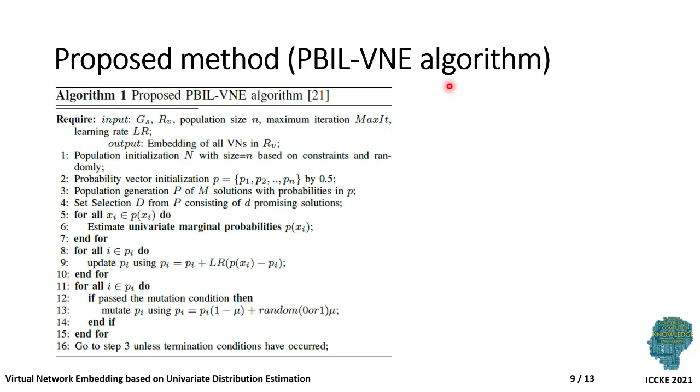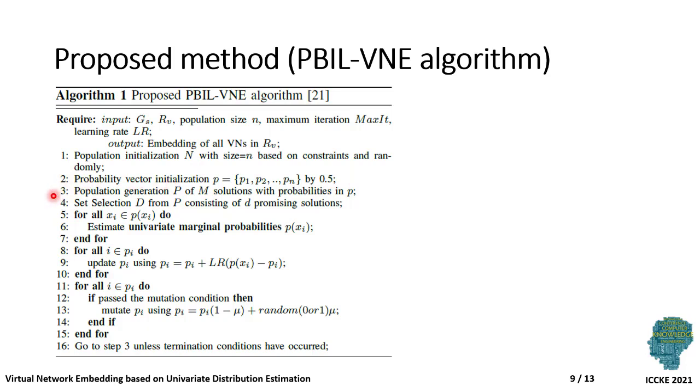And here you can see the proposed algorithm for virtual network embedding. We use population-based incremental learning. PBIL is one of the univariate estimation of distribution algorithms that at first generates the initial population. We also have the probability, initialized to 0.5 for all of the cells in our population.